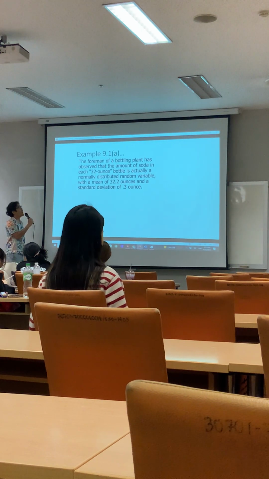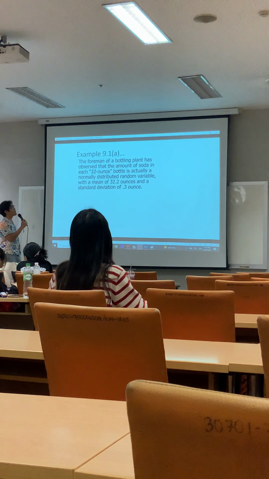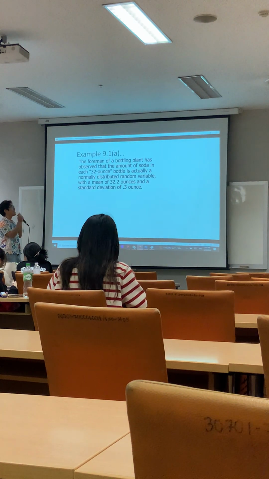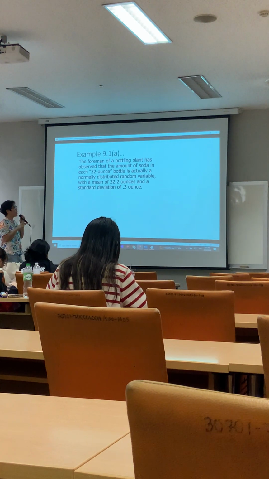The foreman of a bottling plant has observed that the amount of soda in a 32-ounce bottle is actually a normally distributed random variable with a mean of 32.2 ounces and a standard deviation of 0.3 ounce.